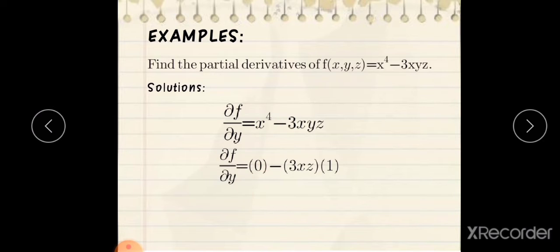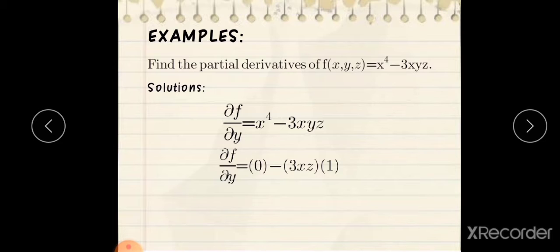Why 0? Because in the rules of differentiation, if you take the derivative of a constant, it is equal to 0. So that's why the derivative of x to the fourth is 0. Minus the derivative of 3xyz.